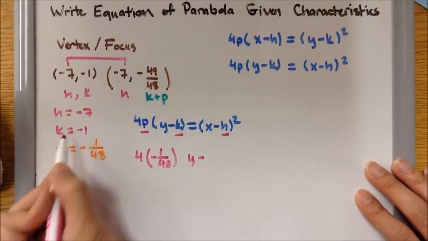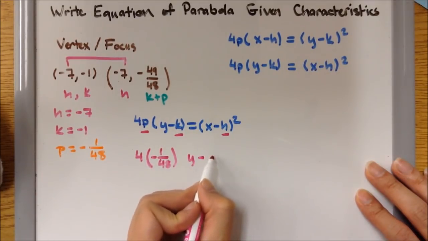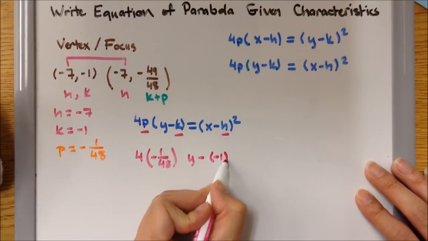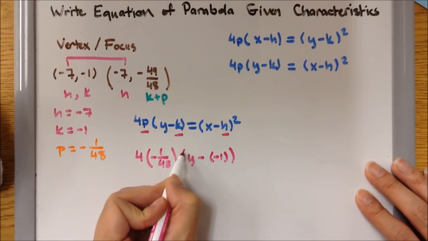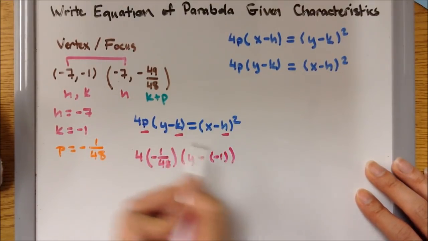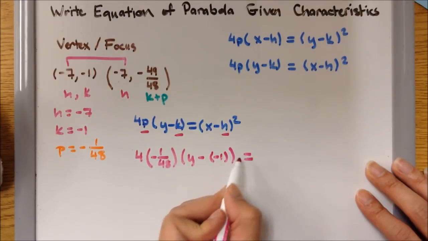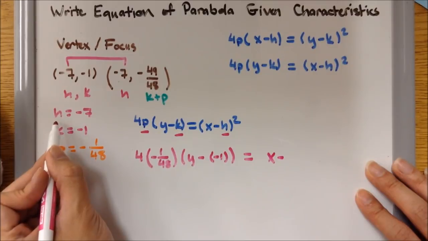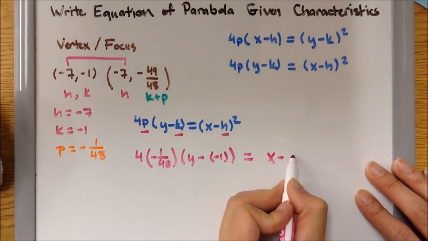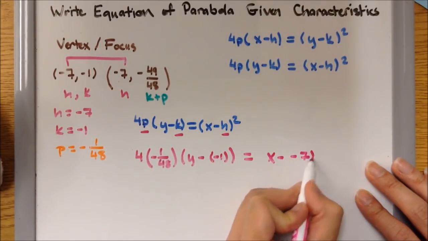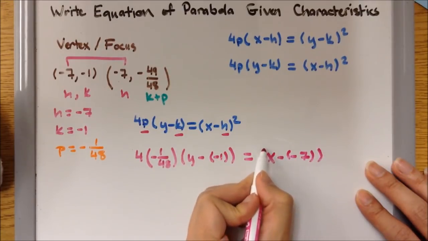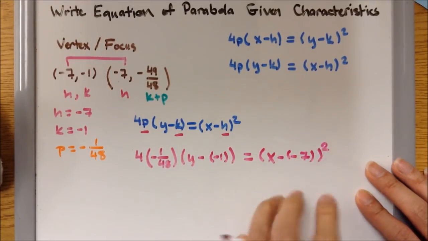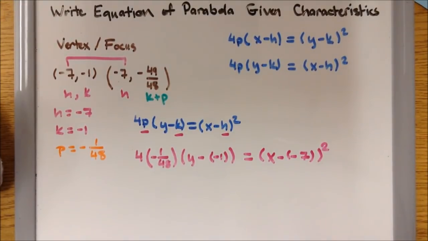My k value is negative 1, so I'm going to include parentheses on negative 1, and then the original parenthesis on y minus k. x minus my h value, which is negative 7, so I'm going to include a parenthesis on negative 7 with the original parenthesis and the square. So be very careful with your parentheses.